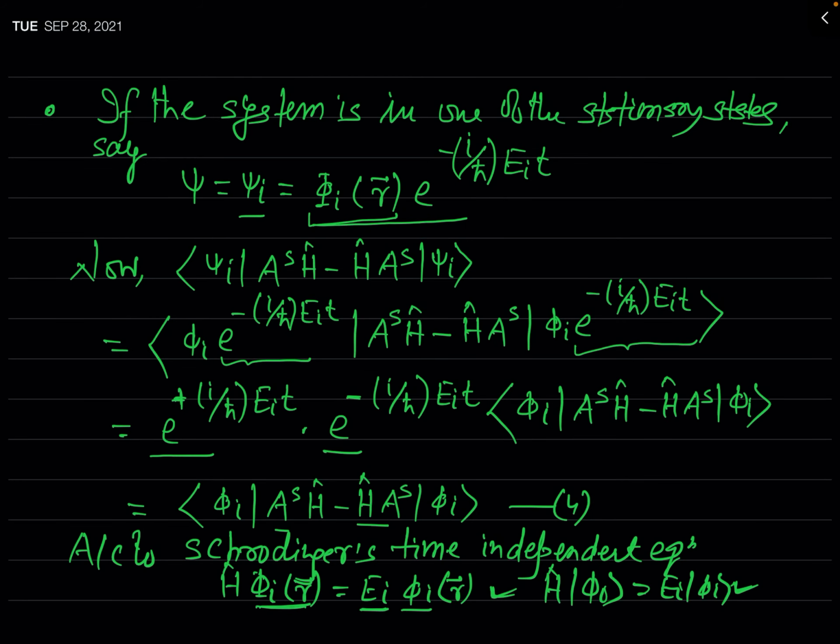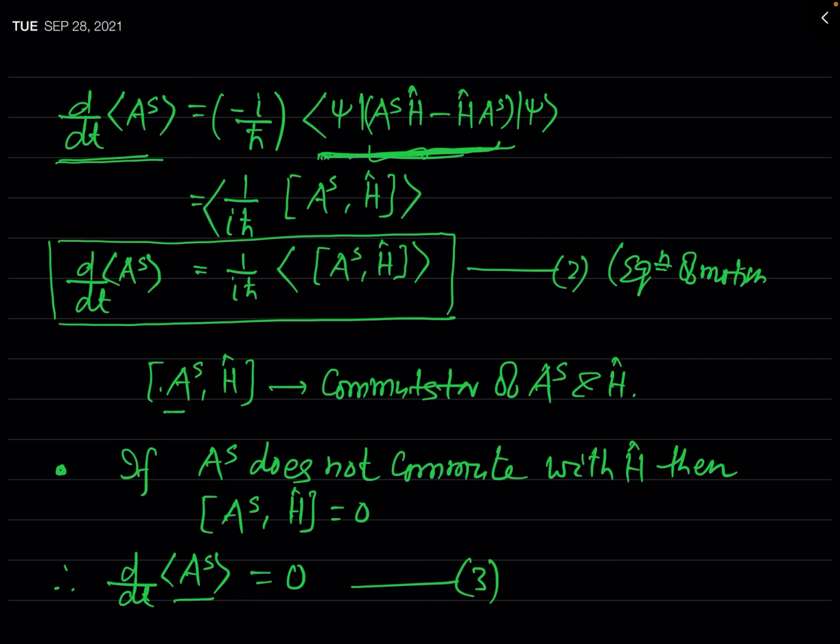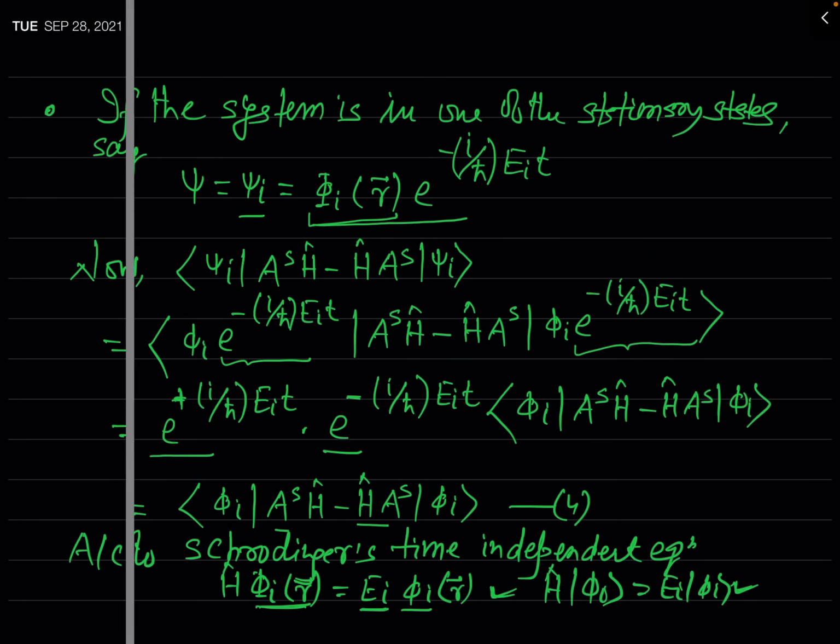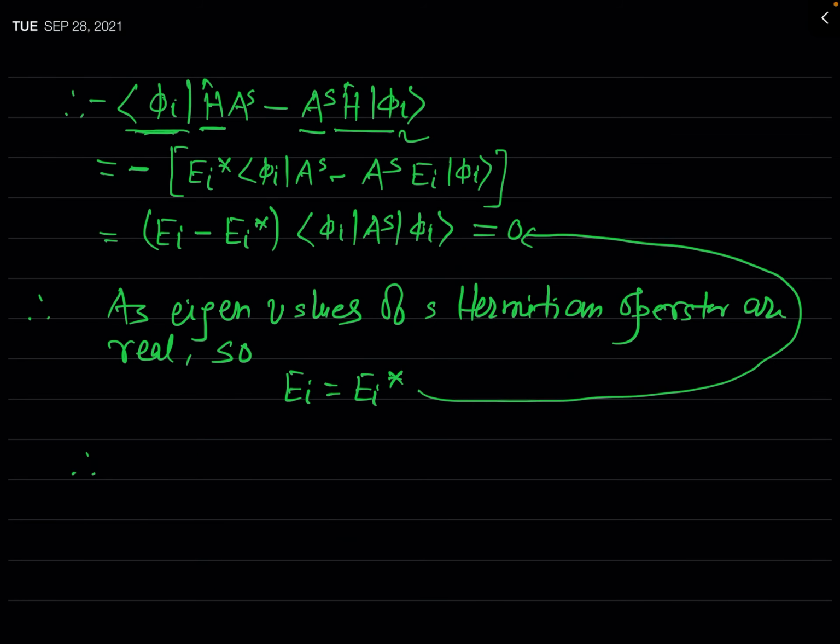If this term vanishes, you can see from this equation that d dt expectation value of AS will be equal to 0. So for a stationary state, the time derivative of the expectation value of the operator is equal to 0.